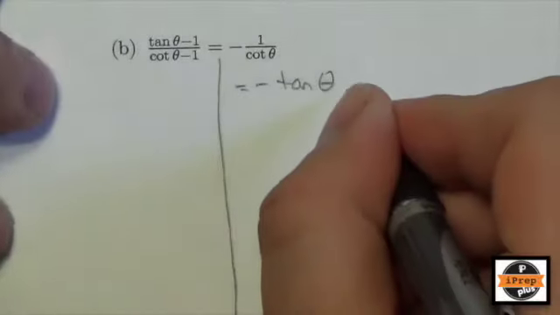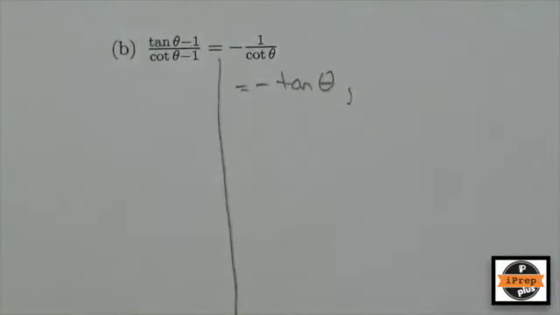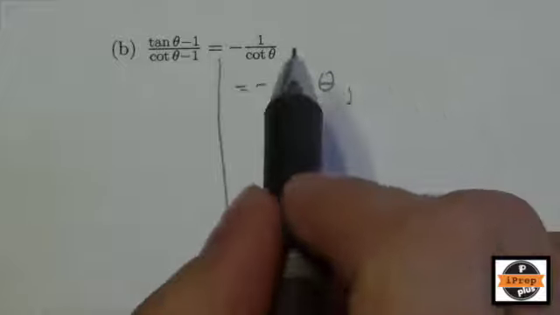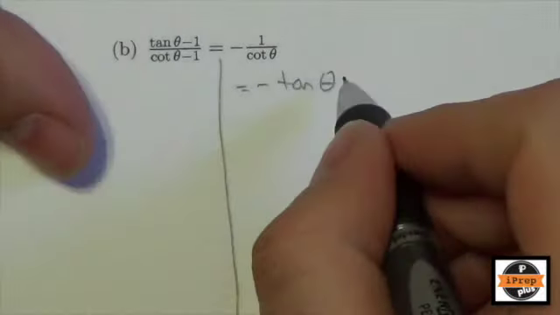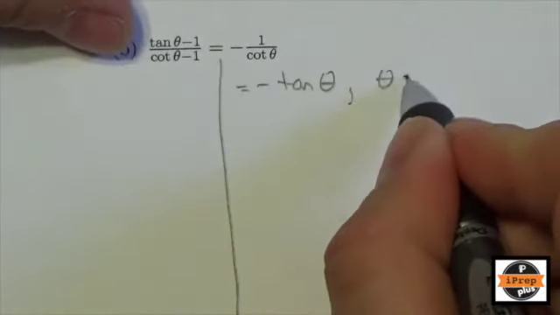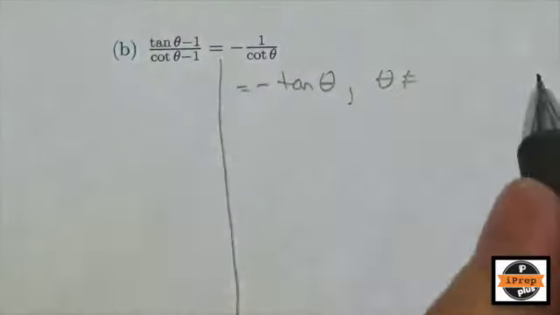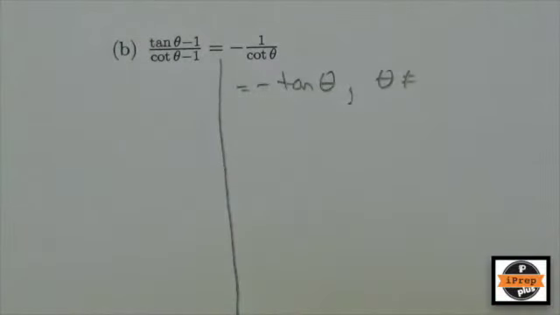Now, however, that introduces a couple of issues here. So notice that cotangent has a restriction. I've kind of gotten rid of the cotangent. It's not there anymore. So this is only equal so long as theta does not equal, well, where does cotangent go to, sorry, not 0, my mistake here.